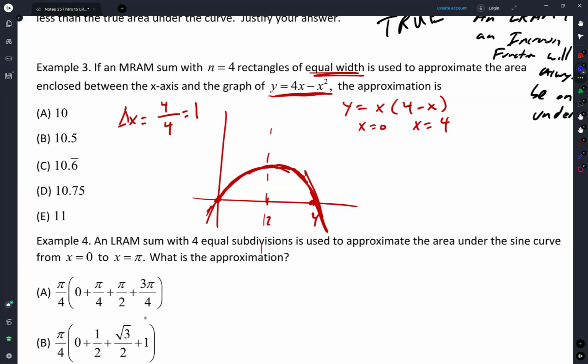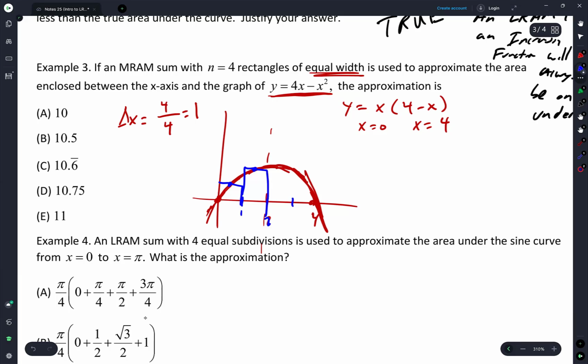All right, so here we go. This is 2, so I'm going to cut it right in the middle, and I'll cut it right in the middle again. I'm using MRAM. What's the middle between 0 and 1? 0.5. There's my first rectangle. What's the middle between 1 and 2? 1.5.